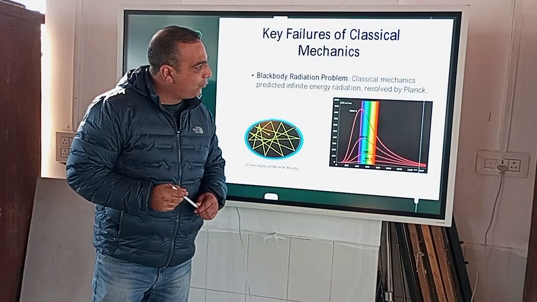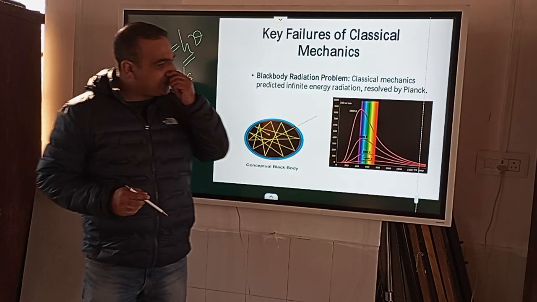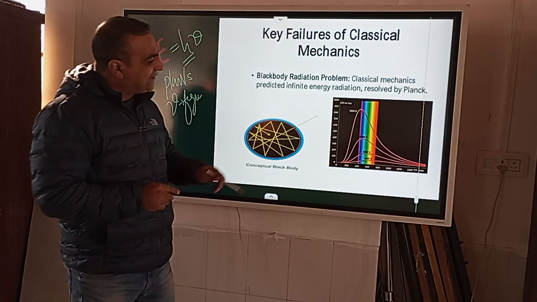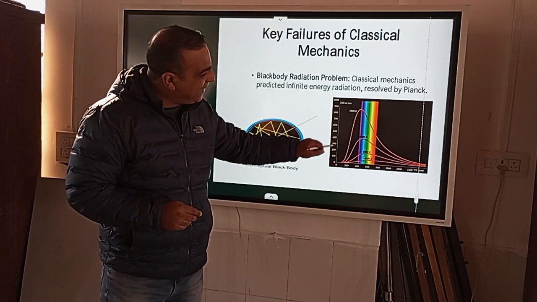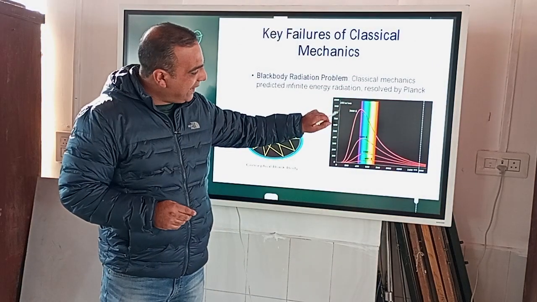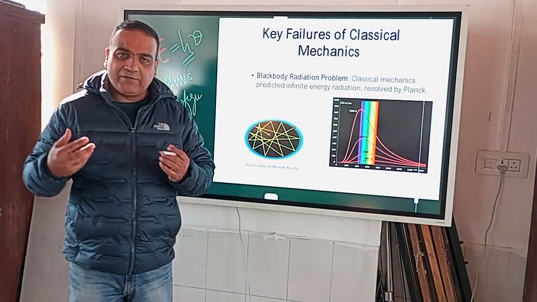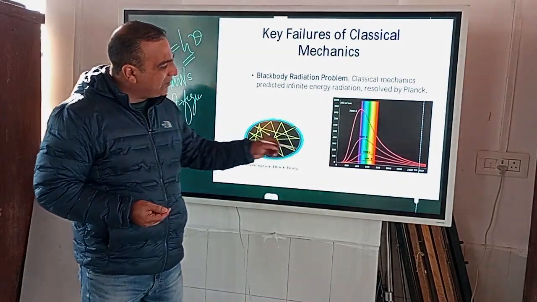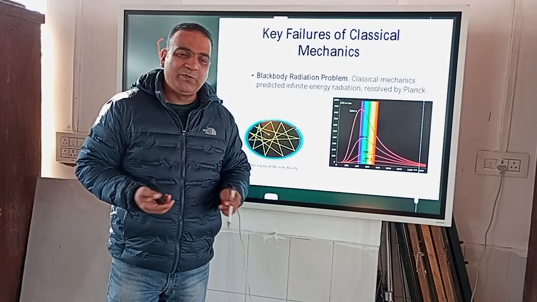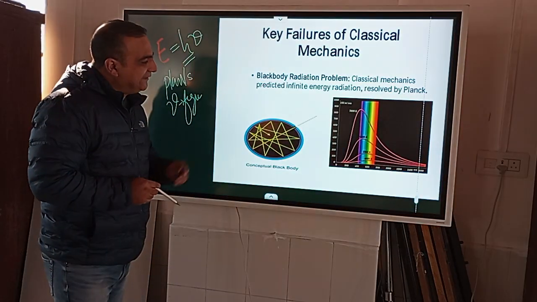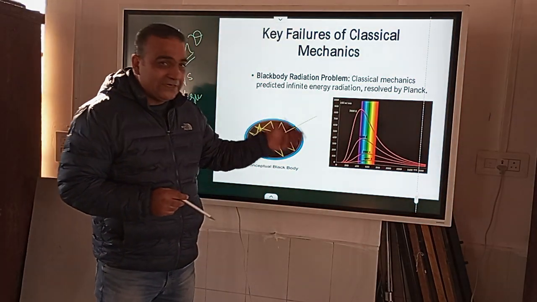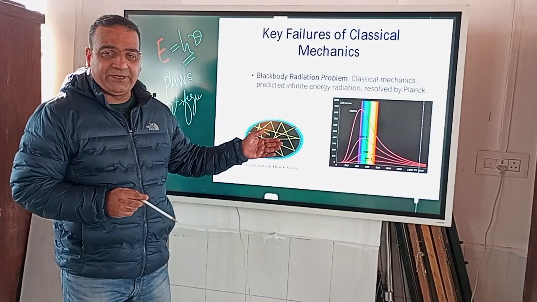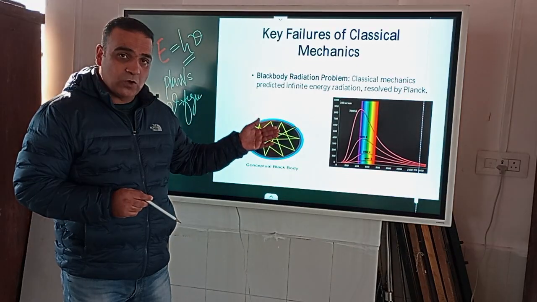So Planck comes up with this argument, and he exactly predicts the behavior of the black body. If you plot the theoretical model prescribed by Max Planck, that model is very close to the experimentally observed data, which completely contradicts classical laws like Rayleigh-Jeans law and Wien's law.